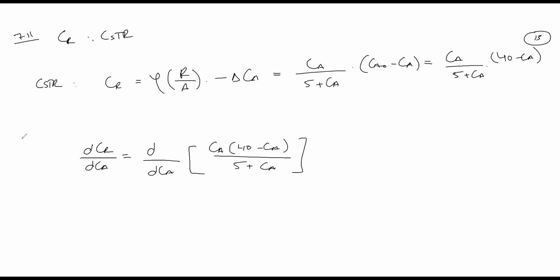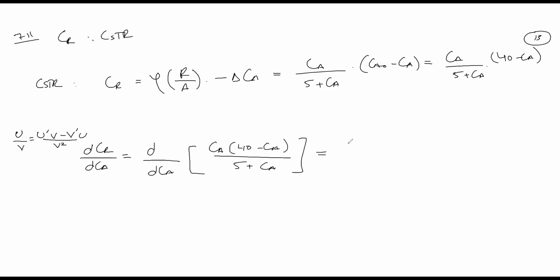And always remember that for U over V, if I want to differentiate it, you're going to get U prime V minus V prime U divided by V squared. Just remember these simple things.